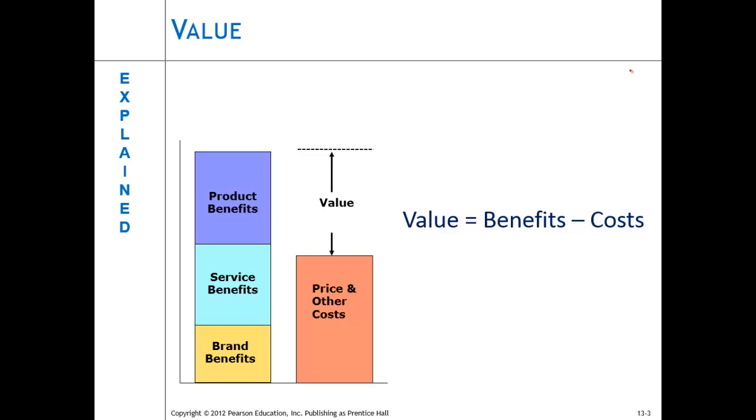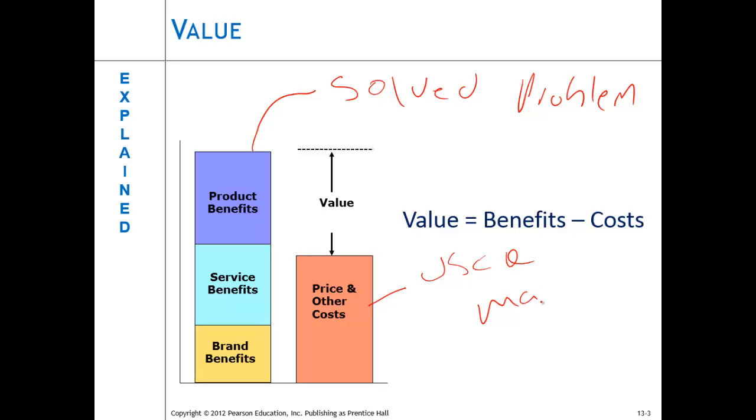As you can see here, value is the difference between the product benefits, or how well the product solved the consumer's problem, and the cost to the consumer, which is the price to acquire, to use, and to maintain said product.